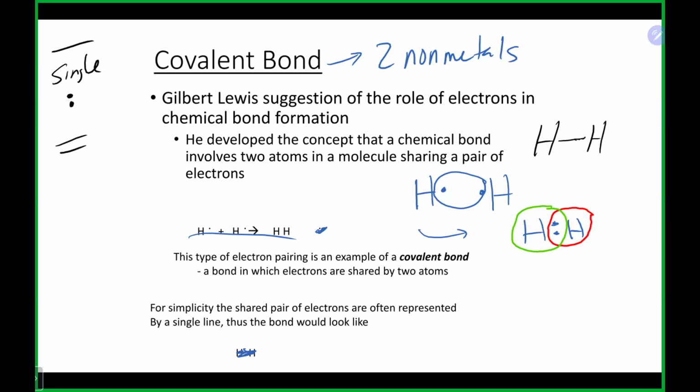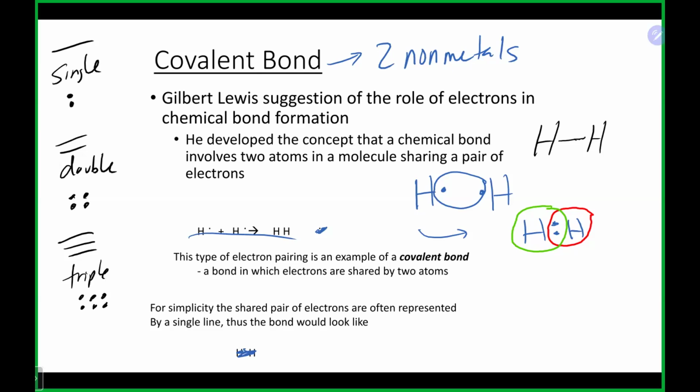As we will see, two lines is a double bond, representing four total electrons, or two pairs of electrons being shared. And three lines is a triple bond, representing six electrons total, or three pairs of electrons being shared.